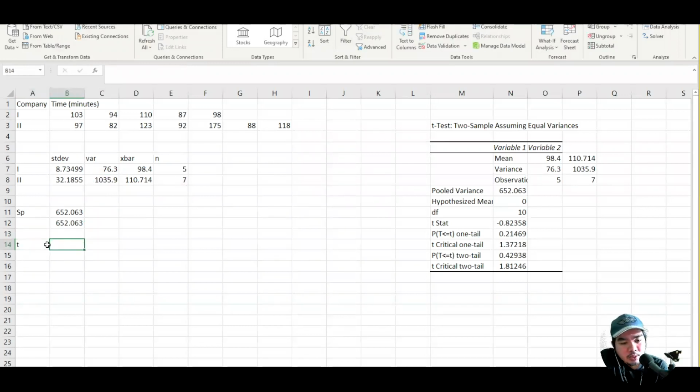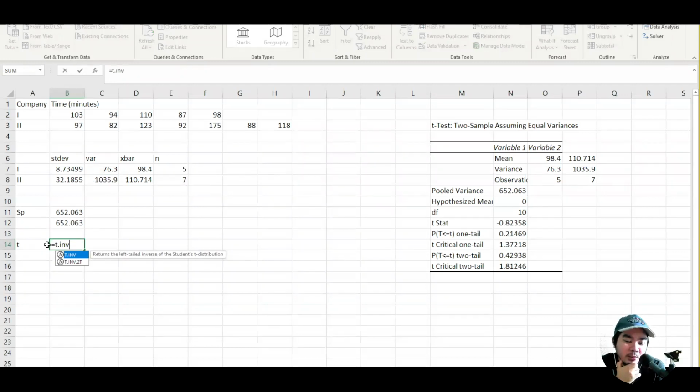So, our t is equal to t.inv, and we can do two-tailed or one-tailed. Pagka ginawa nating two-tailed, automatic always positive value yung nakukuha dito. So, we can do two-tailed, tapos probability is equal to yung alpha over 2, kasi we're looking for the area under the curve.